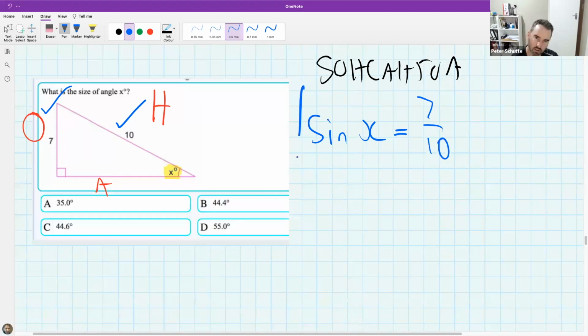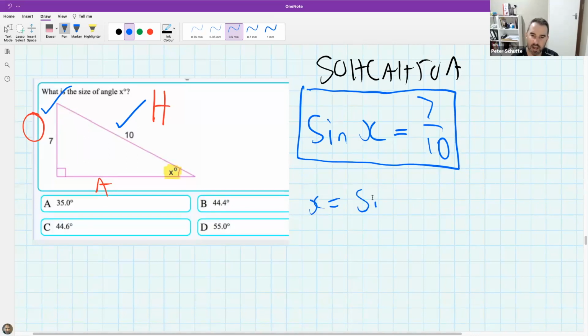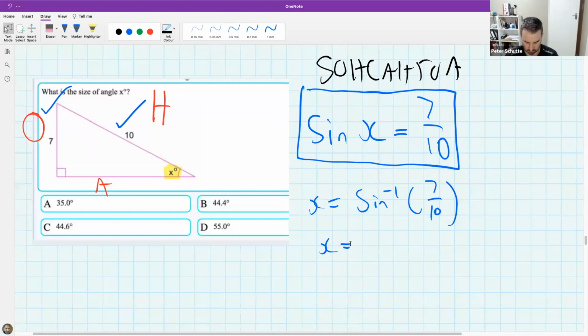So this is a trig equation we try to solve. And the way we do that is we apply the inverse trig function to both sides. And then that's how we get the X by itself. And what is X going to be? Well, I need to use my calculator for this.